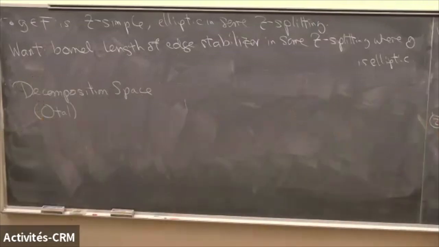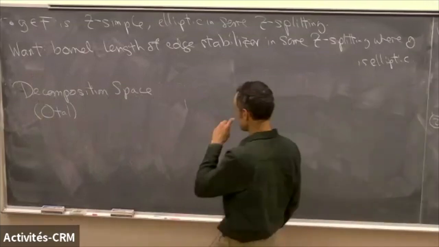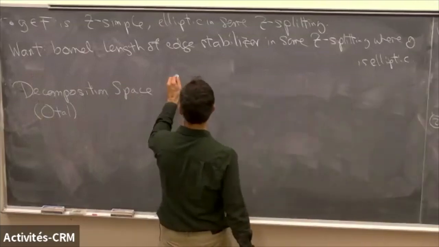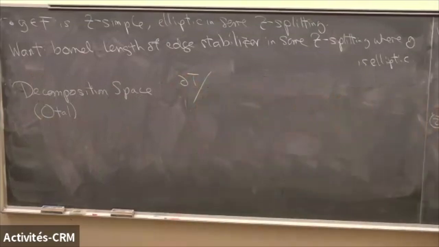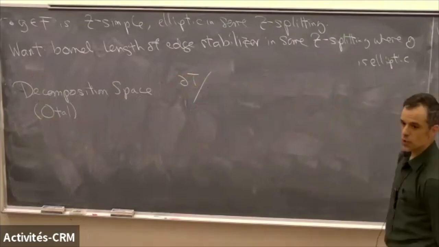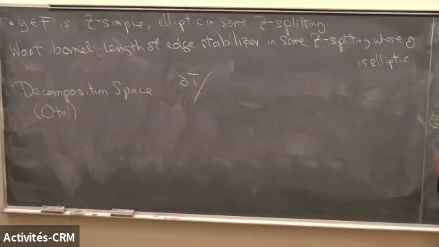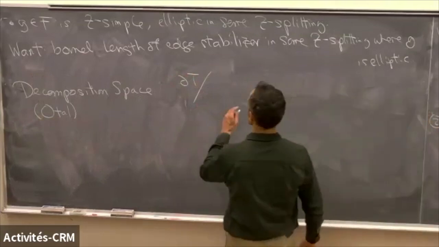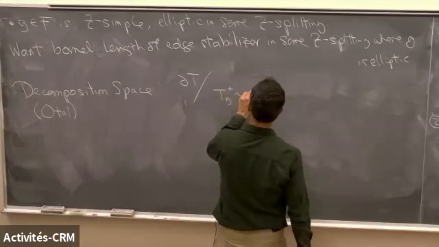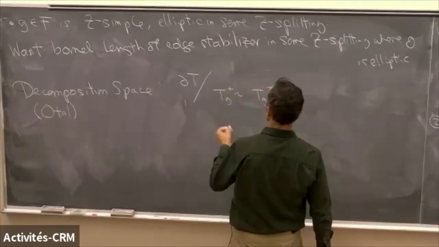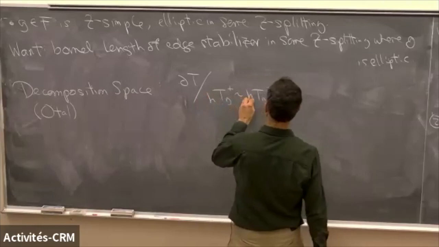What I want to do is look at the boundary of my free group, and let me just write it as the boundary of one of these trees. For one of the trees in outer space, the boundary is the same thing as the boundary of the group. I just want to take the quotient where I look at all of the axes of G and crush them. So I take my axis of G, take the positive end, identify it with the negative end, and I do this over all translates.